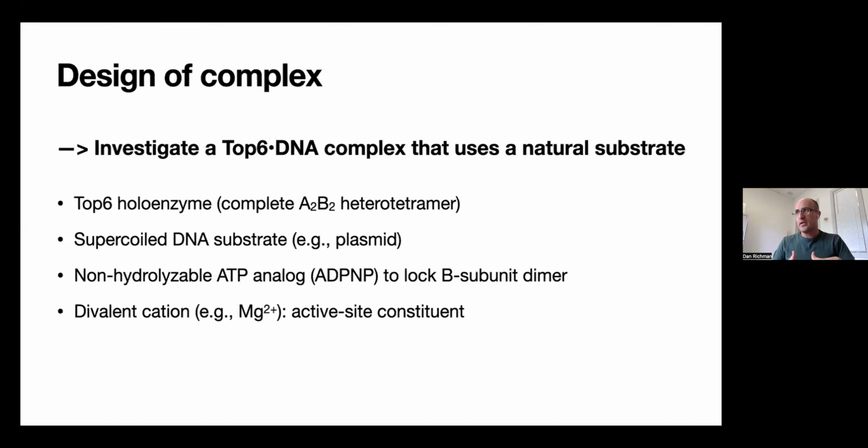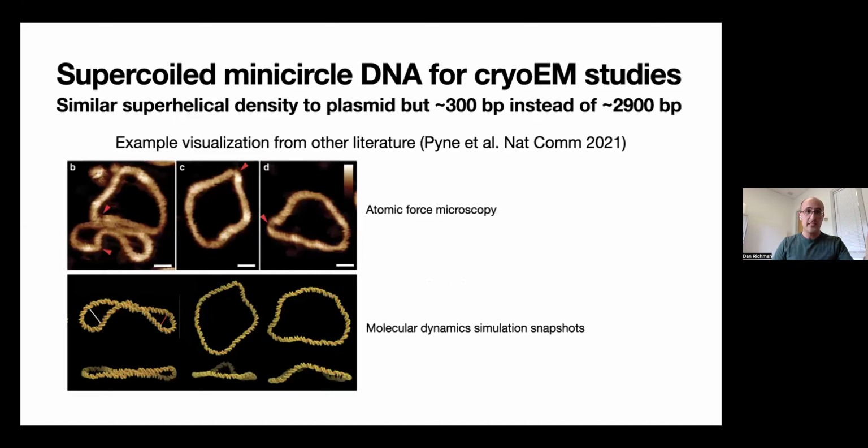So in considering what kind of particles would work well in the thin film environment of cryoEM, we decided to use a DNA substrate that was about 10 times smaller than a typical plasmid, a DNA minicircle instead. It's still supercoiled.